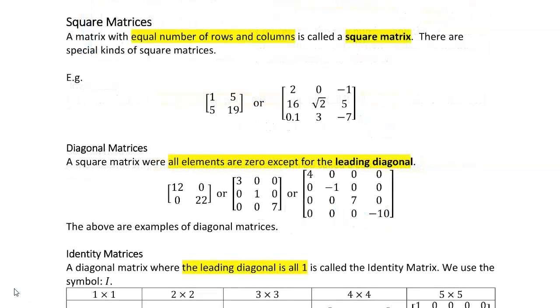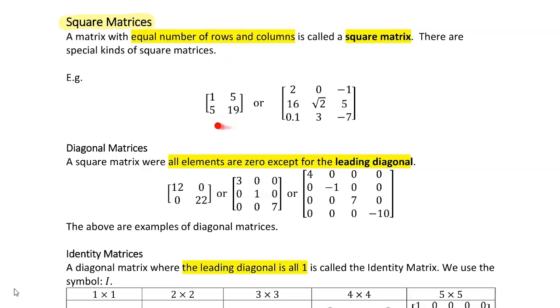Now we have something called a square matrix. We deal a lot with square matrices in maths. They're very, very handy. A square matrix is a matrix with an equal number of rows and columns, so the same number of rows as it has columns. We'll see later on in maths that there are special kinds of square matrices.